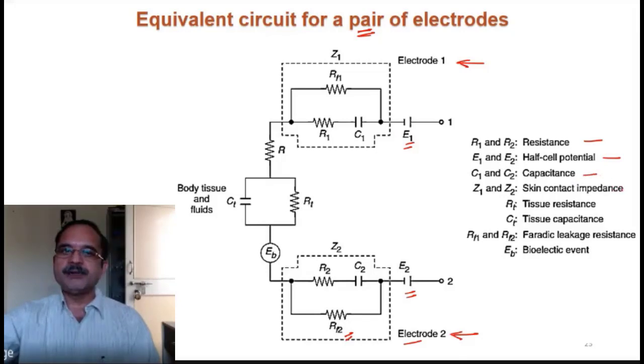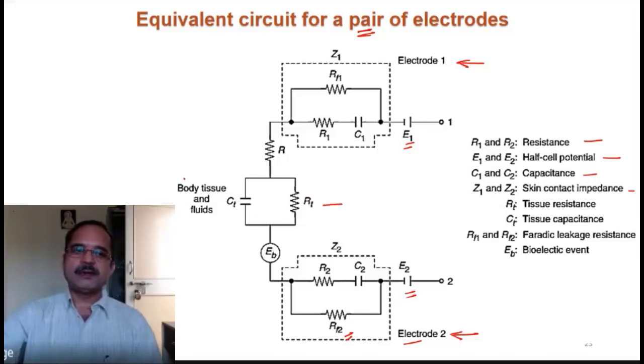Now Z1 and Z2 are called the skin contact impedance. The skin contact impedance includes RF1, R1 and C1 for electrode 1, and for electrode 2, it includes R2, C2 and RF2.